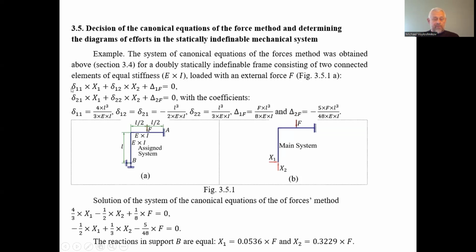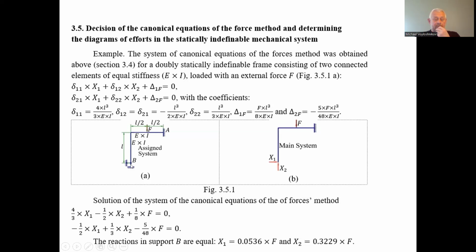For example, for the first canonical equation, it is the direction of the force x1. And we have to find the magnitudes of x1 and x2 which satisfy the condition of equality to zero of the displacement in the direction of the force x1 when we cut off the support.